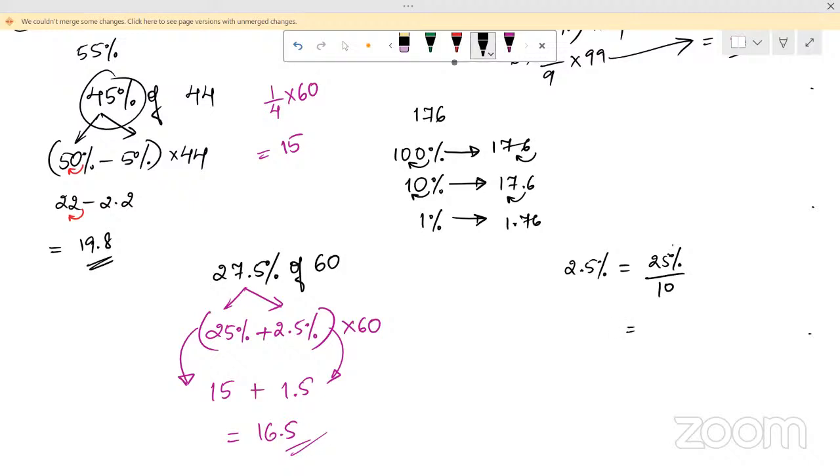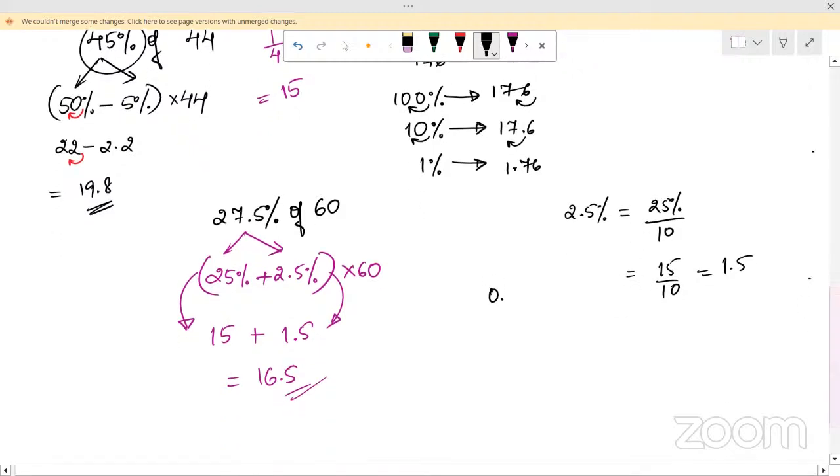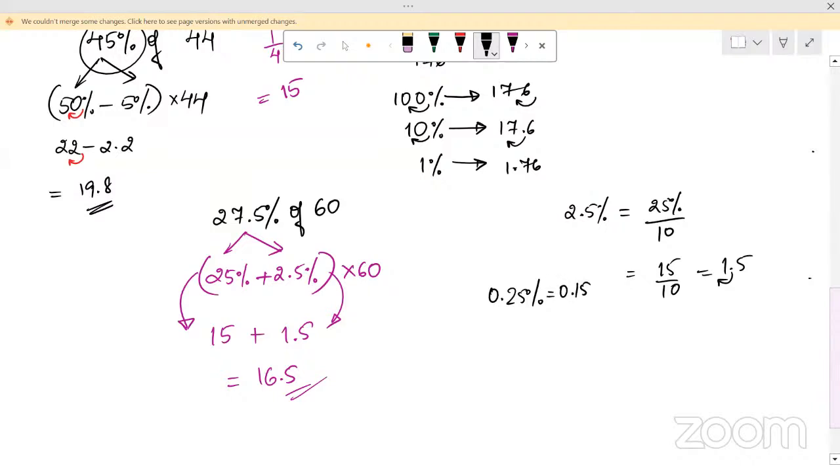What was the value of 25%? 15. 15 by 10 is what? 1.5. Understood? Okay. If I asked what is 0.25%, just shift one decimal place again. It is got to be 0.15. Okay?